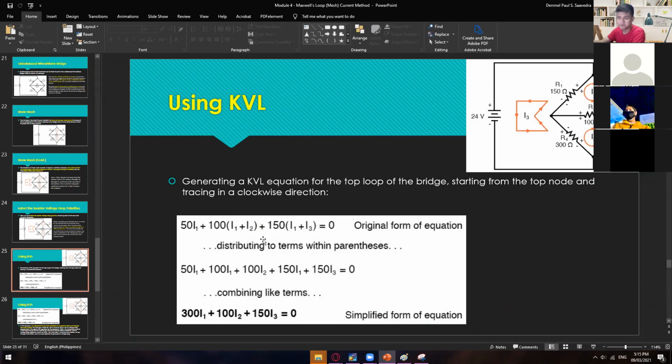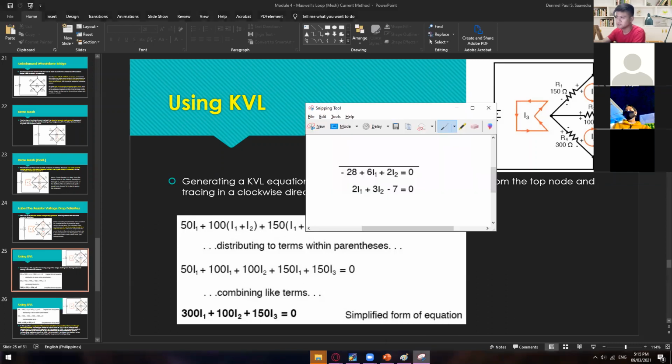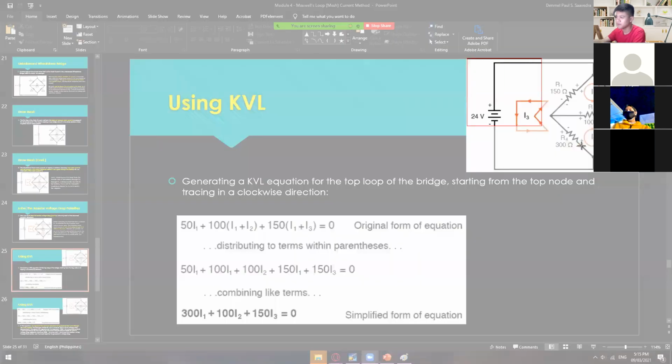All right. So were you guys able to follow the equation number 1 for the loop number 1? And how did we get this one? Or would you guys like to have our own solution?